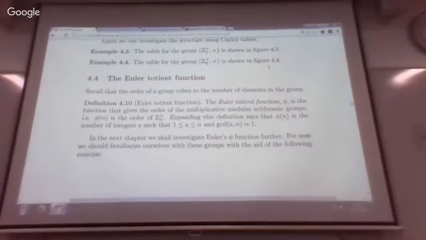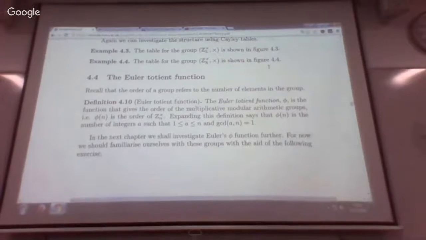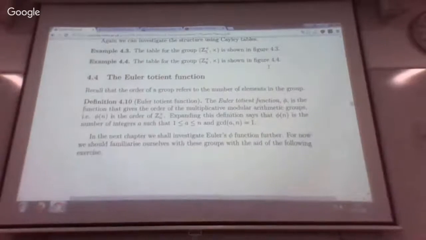Now the reason we're so interested in the size of the group, well, knowing what the size of the group is, is one way of describing what kind of group this is. A small group is different from a large group. But the other reason we're interested in the size of the group is that it's quite connected.